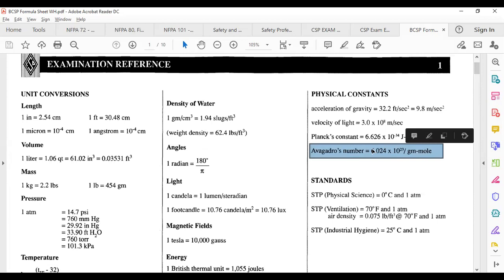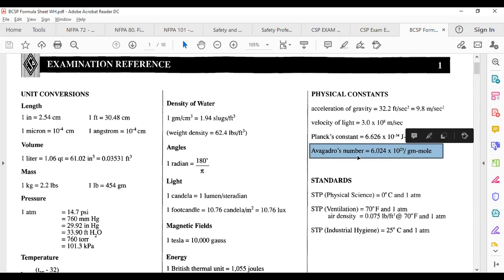You will get the answer. I think we are doing it wrong. Write a note: Avogadro number is equal to 6.024 times 10 to the power 23.